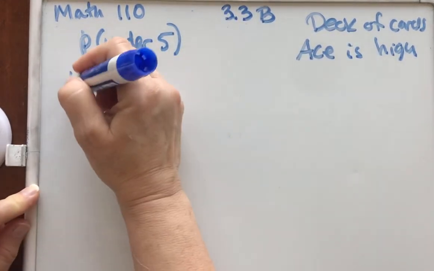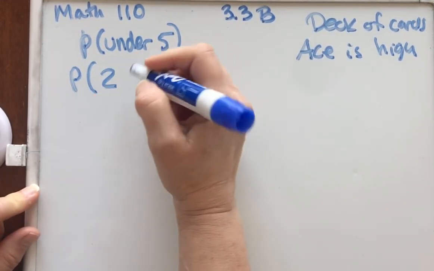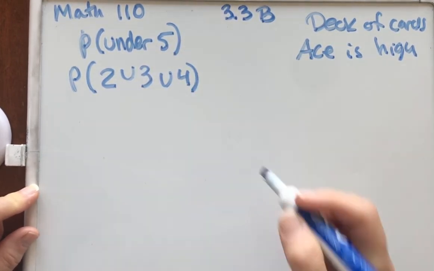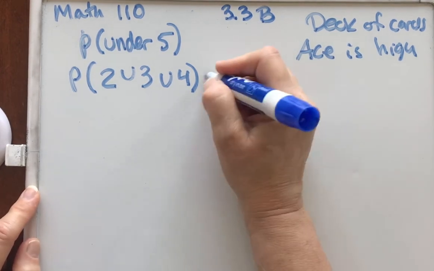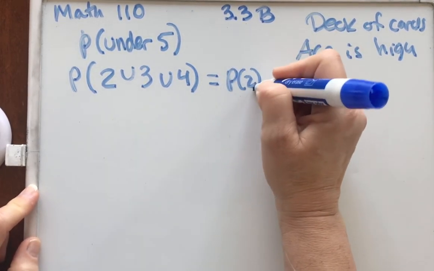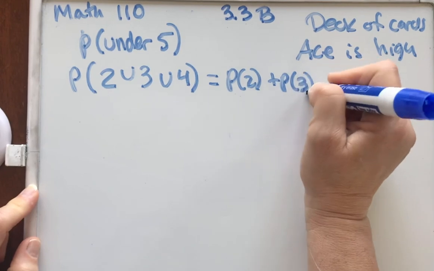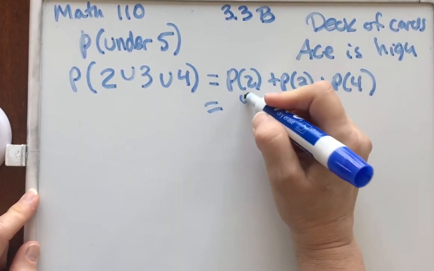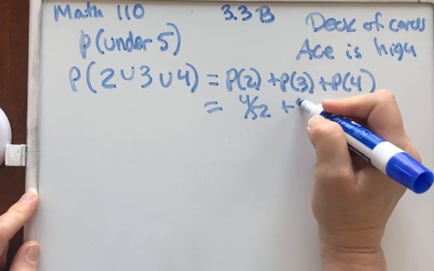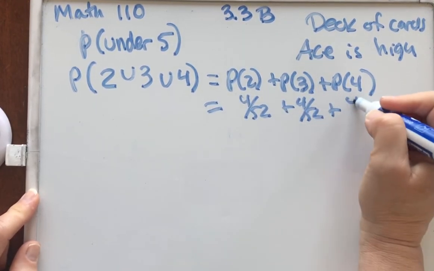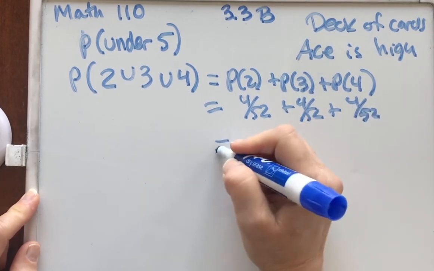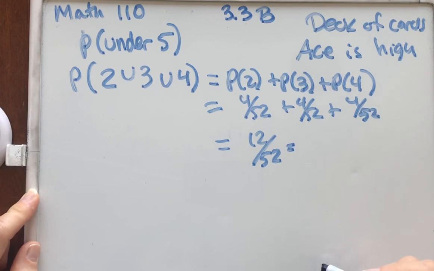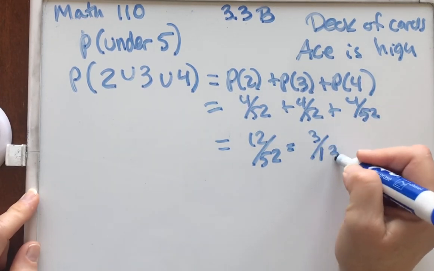Okay, so that means we're looking at the probability of all the 2s, union, all the 3s, union, all the 4s. So that's the probability of 2 plus the probability of a 3 plus the probability of a 4. Probability of 2 is 4 out of 52. Same thing for a 3. Same thing for a 4. We have 12 out of 52. And that equals 3/13.